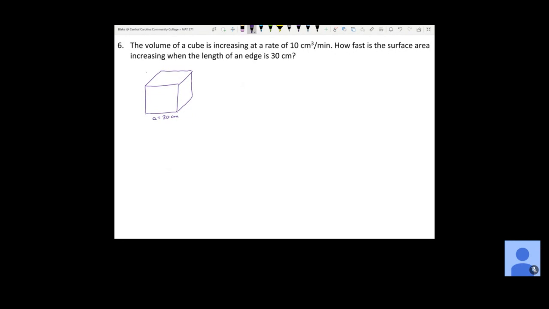Now, what other information are we given here? Okay, good. The rate here, and it's the rate of change of what?